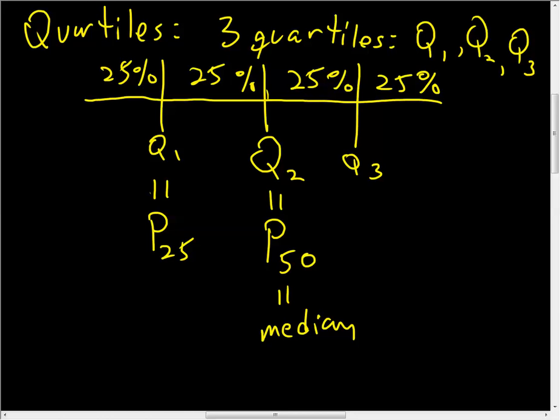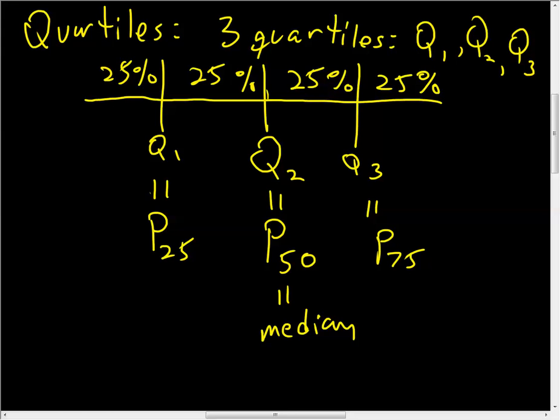Remember, the median is the midway point that separates half the data below from half the data above. And similarly, the third quartile is the 75th percentile.